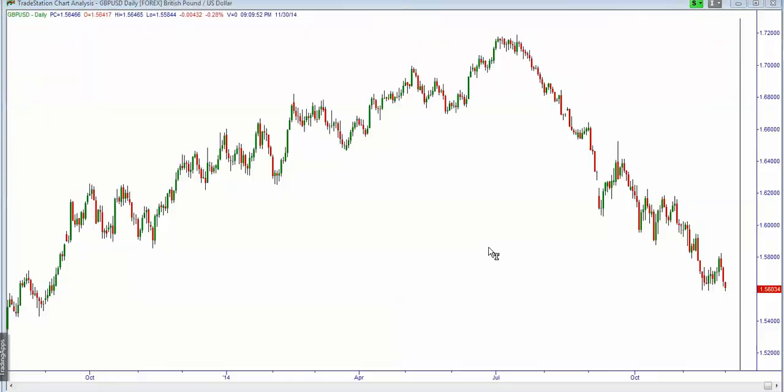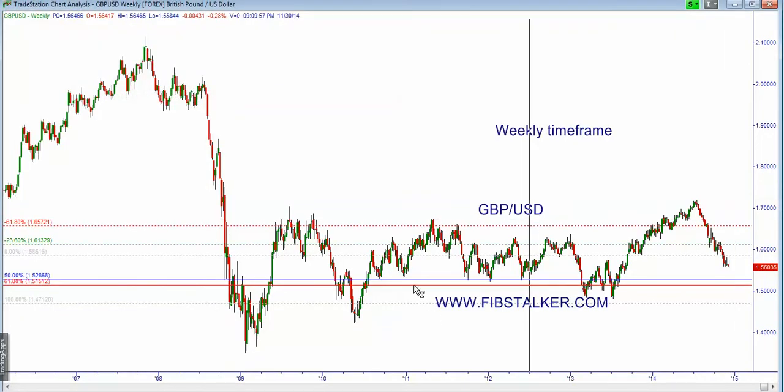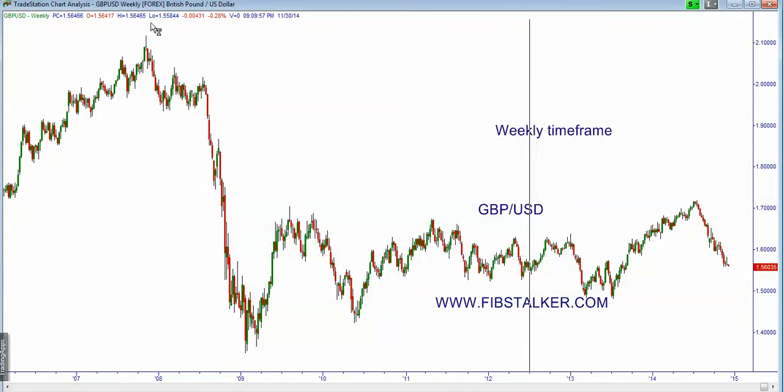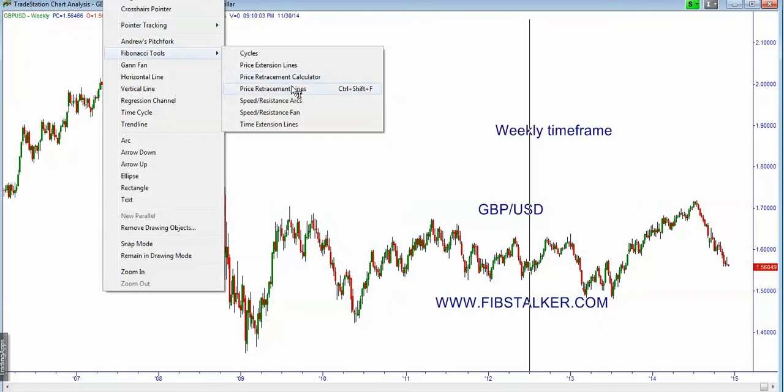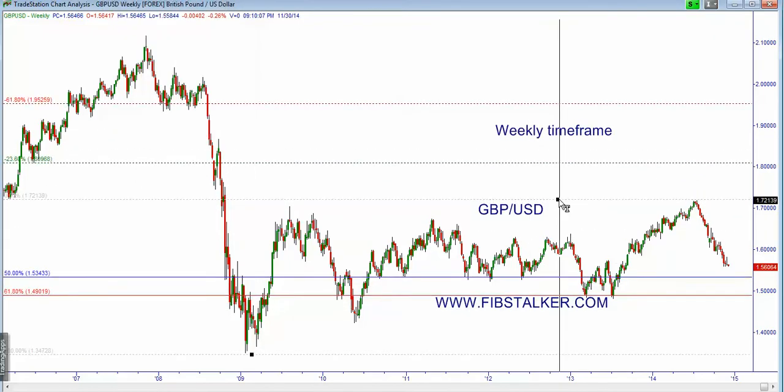Moving to the pound versus US dollar, on the other hand, we know that this market also is retracing into a large level, and that large level is from the lows to highs here, and the level is at 153.43.